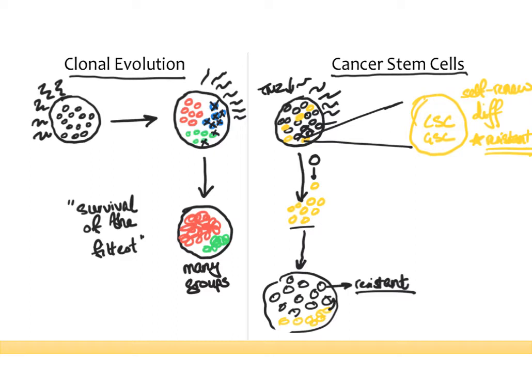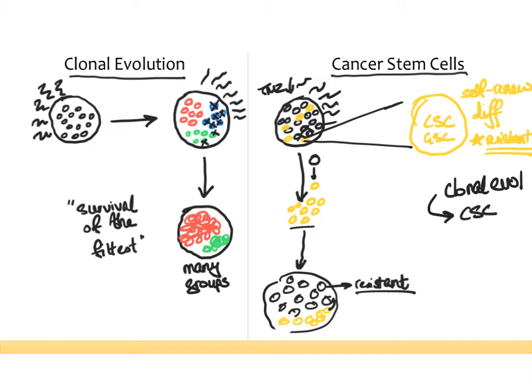So one thing to point out that I think is important to realize is that this cancer stem cell theory is in a way a little bit of an extension of the clonal evolution idea, but it just focuses on one specific clone.